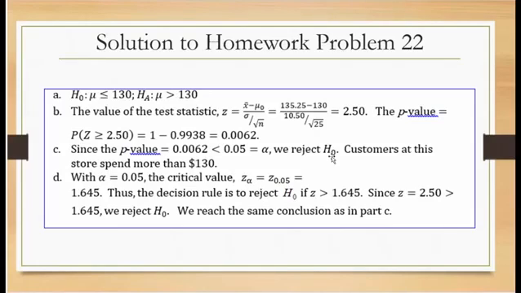And the reason is because of the n. The larger the n, essentially what happens is it makes the standard deviation a little bit smaller, and so it enables us to essentially have a better sample. It's more representative.